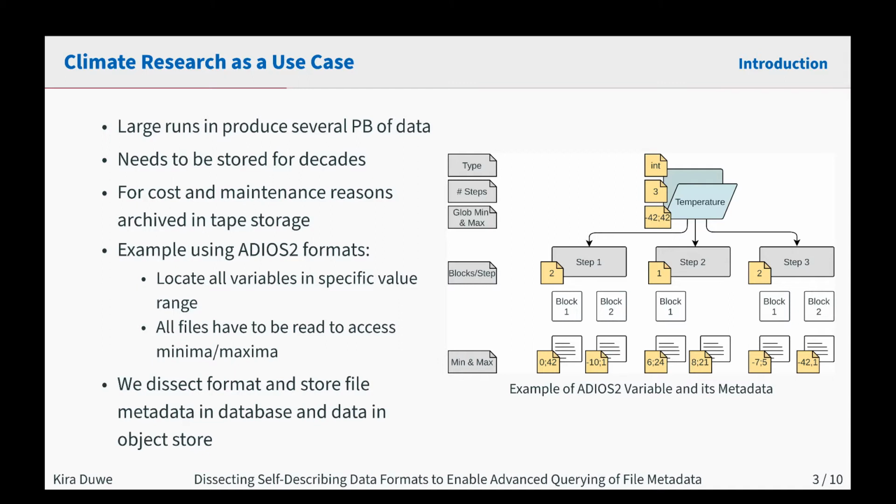In the worst case, this means reading the data from tape, which introduces large latencies of minutes, even up to hours. By storing the file metadata separately, only accesses to the variables meeting the query expression are required, instead of scanning the complete data.